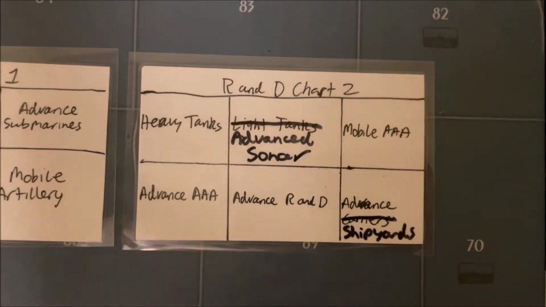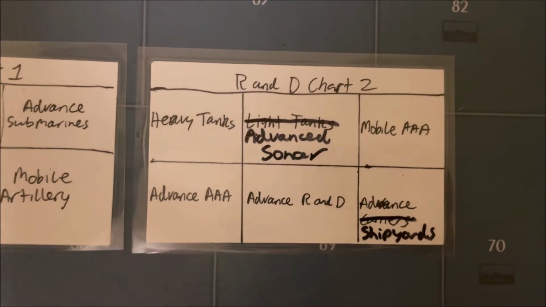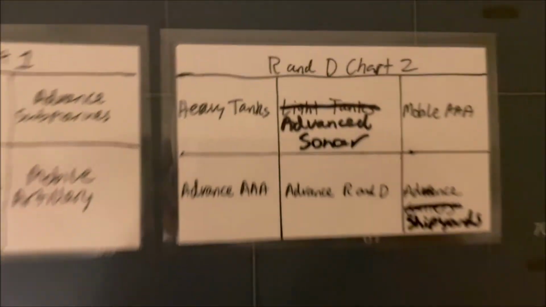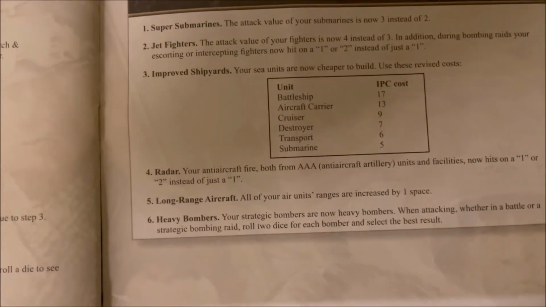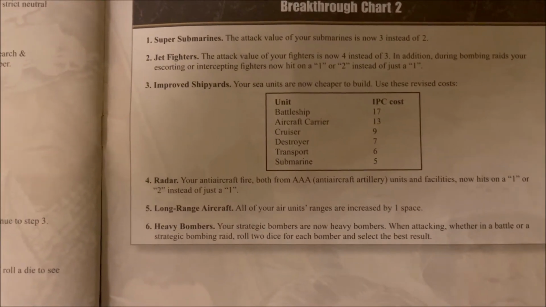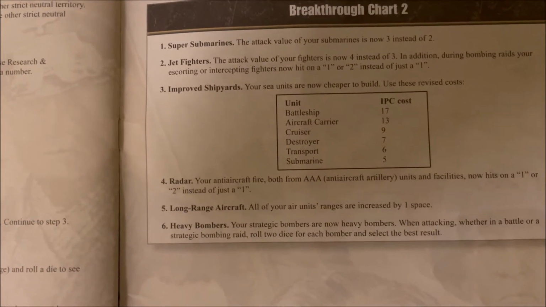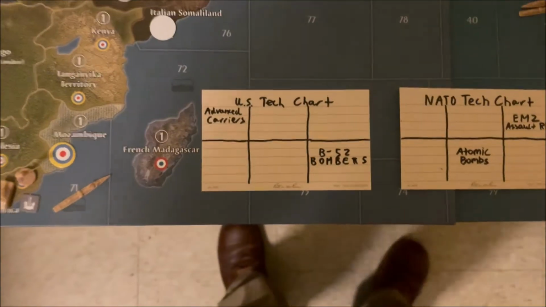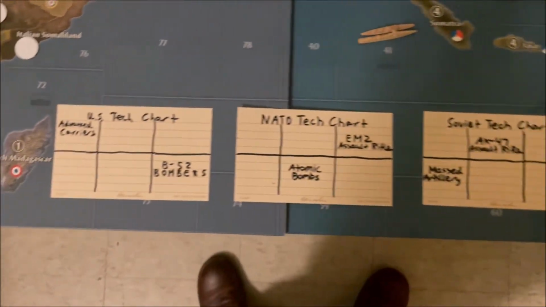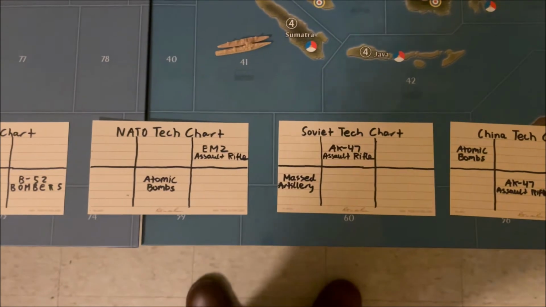And then advanced shipyards is the same as from Global 1940. Here are the prices that you get for the improved shipyards. And then something we decided to create for the game, we decided to also create individual nation technologies.